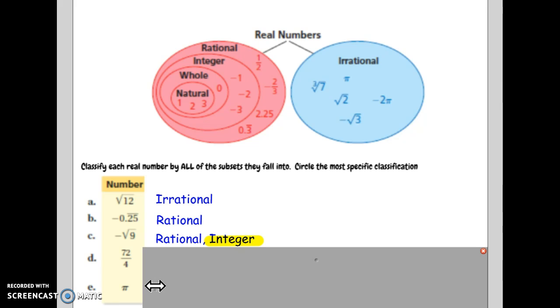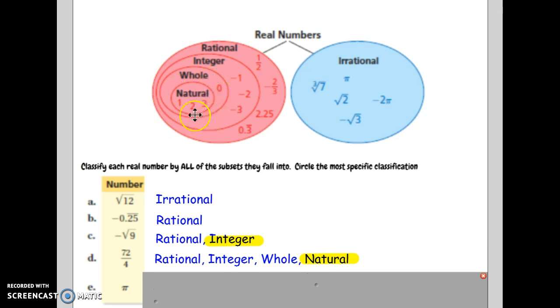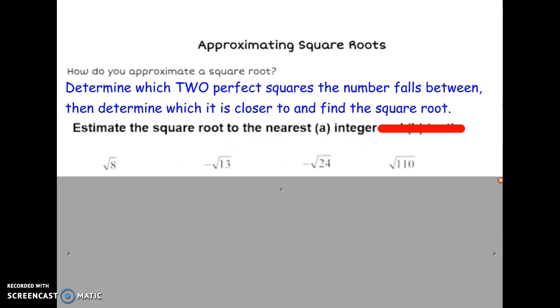Well, 18 actually fits into all those categories. So it's rational, it's an integer, it's a whole number, it's a natural number, it's all of those things, but the most specific is the smallest circle up here, which is going to be a natural number. And finally, pi, we talked about earlier, is a decimal that doesn't end and doesn't repeat, so that one has to be irrational.